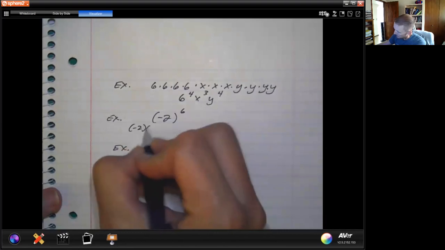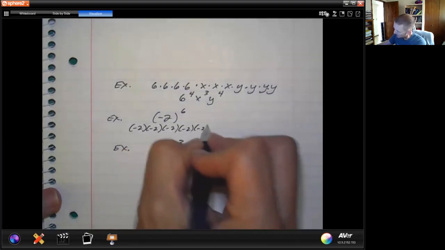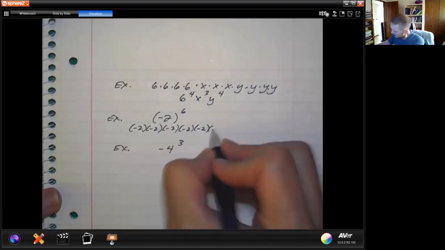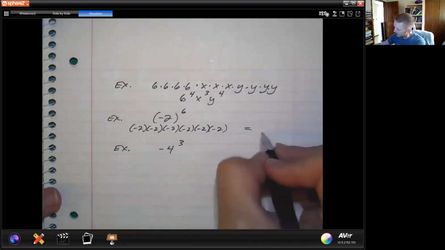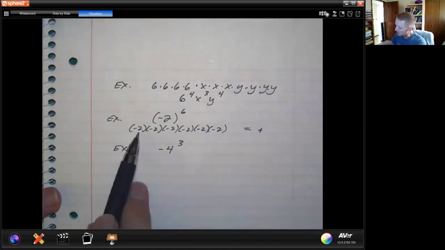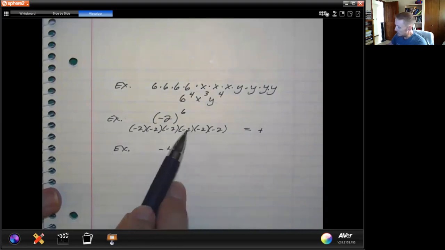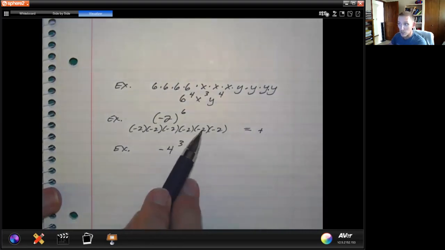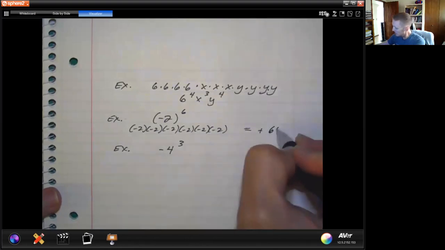So that's -2 times -2 times -2 times -2 times -2 times -2. There are 6 negatives there, so that answer is going to be positive. And 2 times 2 is 4, times 2 is 8, times 2 is 16, times 2 is 32, times 2 again is going to be 64.